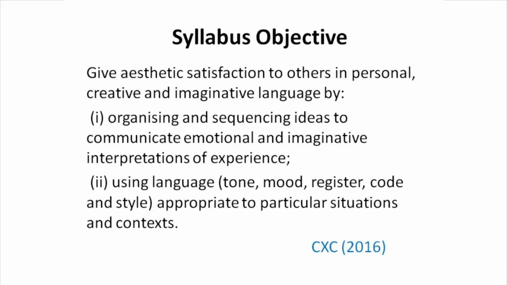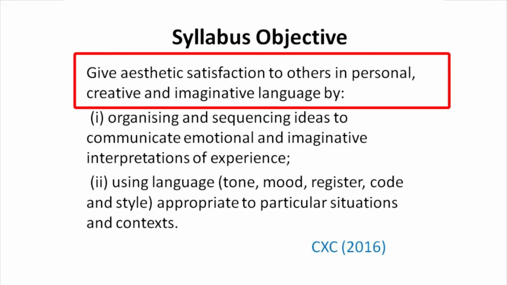Now, in the syllabus, there is one main objective that focuses on story writing. Or short story writing to be exact, because these students will not be writing a book. But there are several other objectives that could feed into story writing, but the main objective that I'll be focusing on today is that objective that says give aesthetic satisfaction to others in personal, creative, and imaginative language.